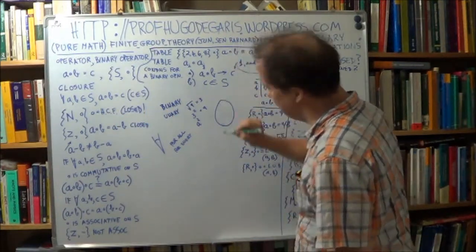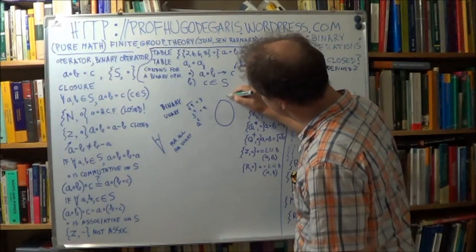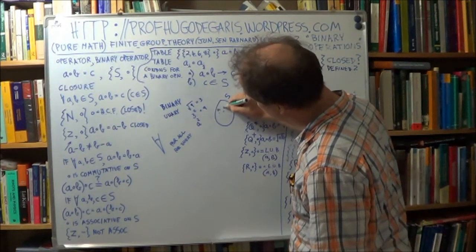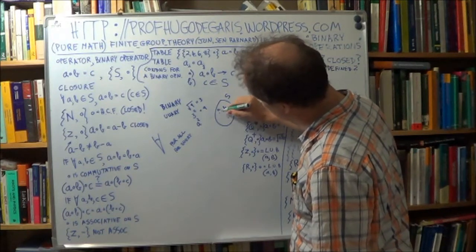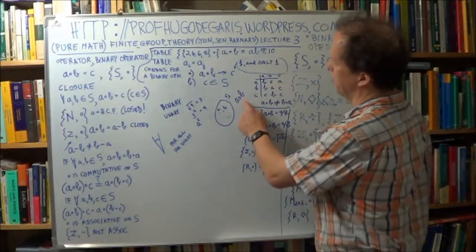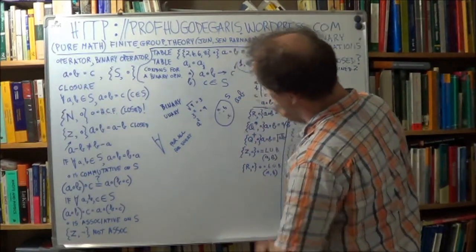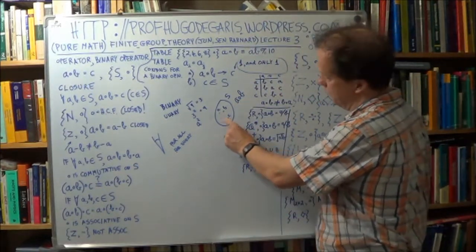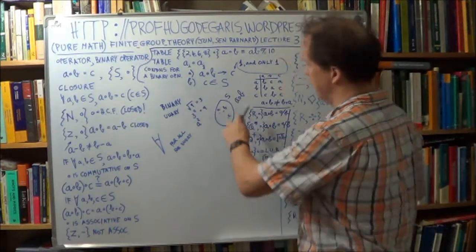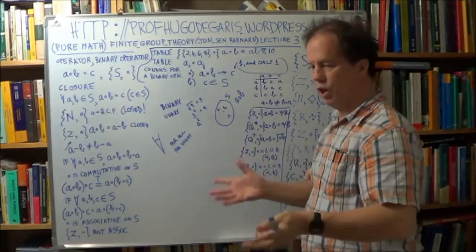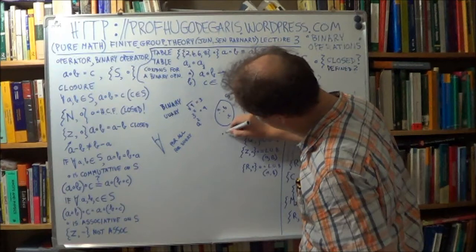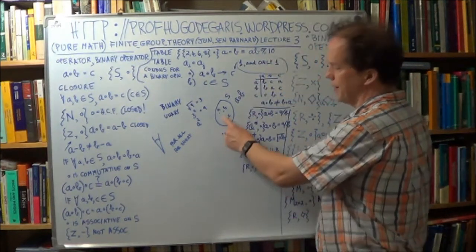If you draw a kind of Venn diagram, this is your set S, and there are any two elements A and B. If you perform a binary operation, A binary operator B, and you get a result C, then that C belongs to S. So this binary operation is said to be closed. What it does not do is produce a result that's outside the set.